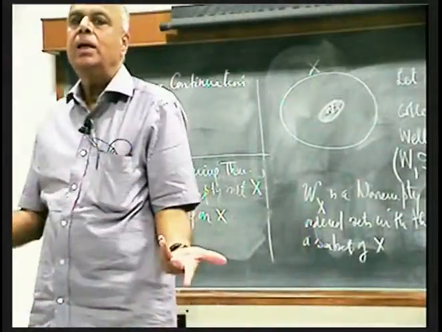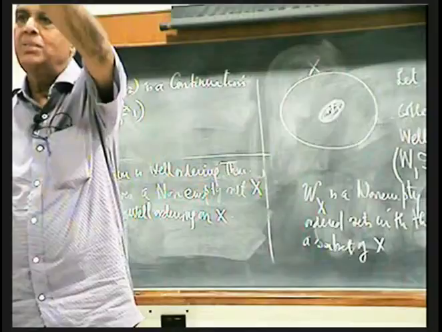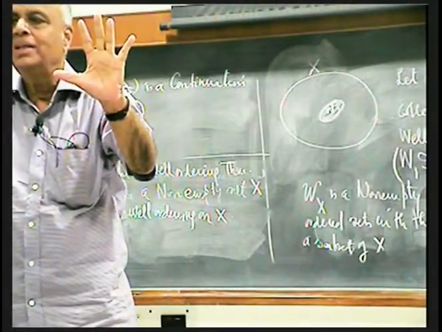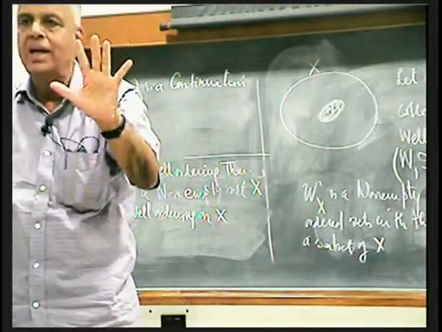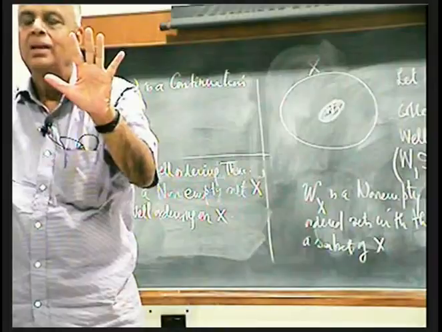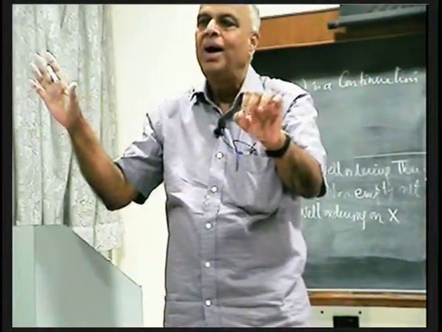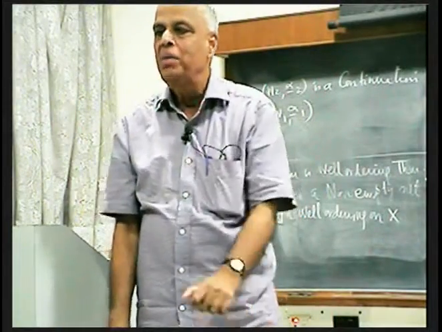Now, if it's not a continuation, then there is no relation. For example, if I take the natural numbers as my set X, I take odd less than or equal to, even less than or equal to, and n less than or equal to, then n less than or equal to is not a continuation of odd less than or equal to, because the even numbers start coming in between.